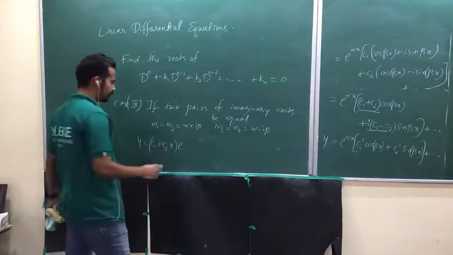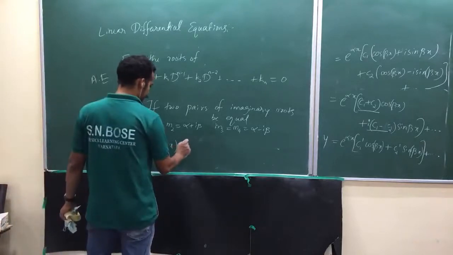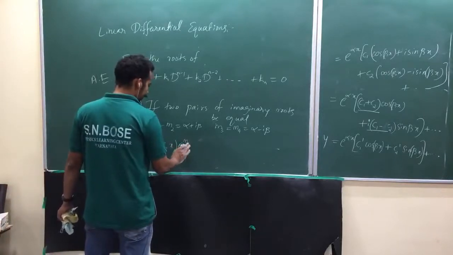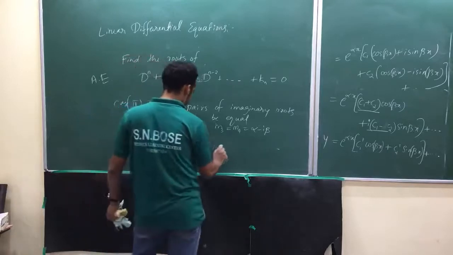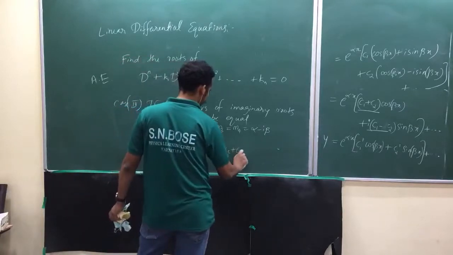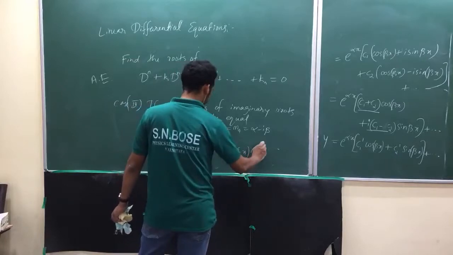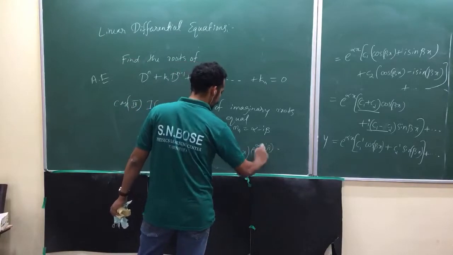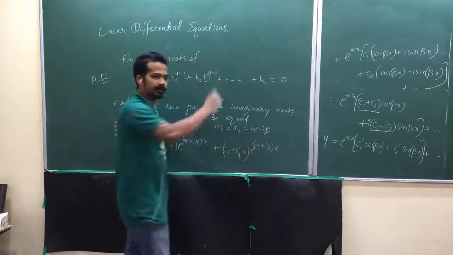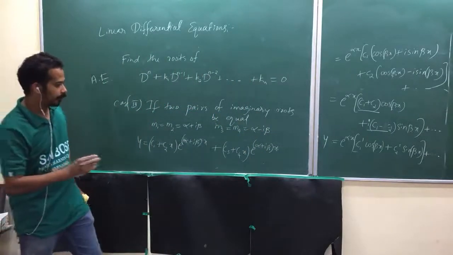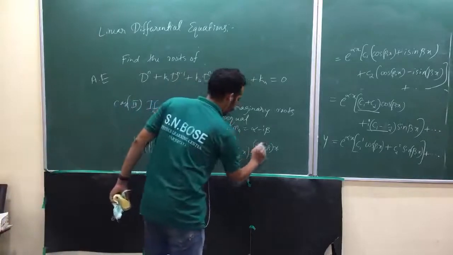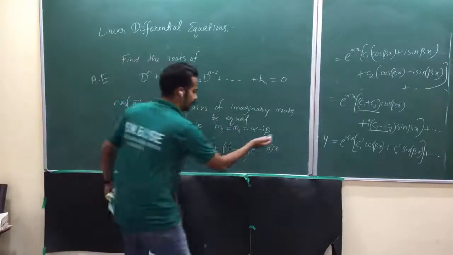Yeah, for M1 and M2, e power alpha plus I beta into x plus C3 plus C4x into e power alpha plus I beta into x. That was very general actually. Whatever we have written initially, alpha minus I beta into x here.